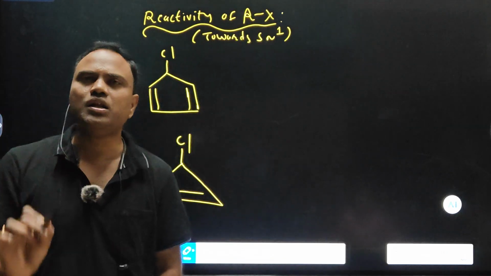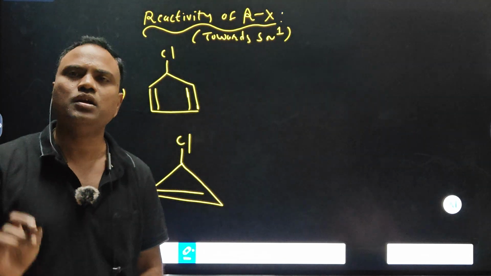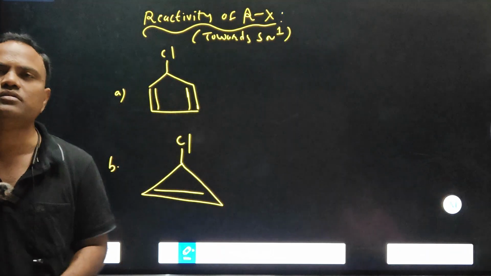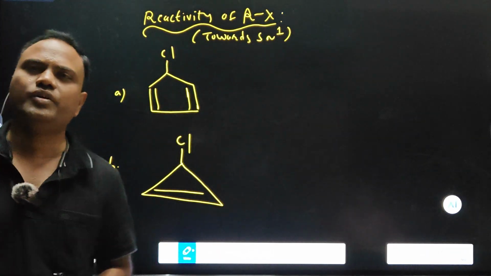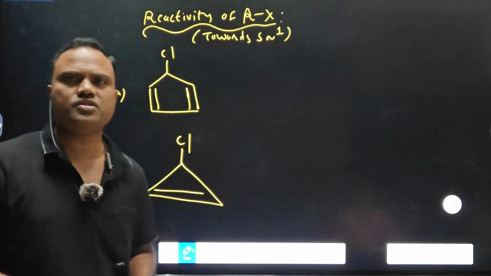Remember this point, the alkyl halide which forms stable carbocation readily participates in SN1. And what is step 1 in SN1? Very good, formation of carbocation. SN1, step 1 is formation of carbocation.